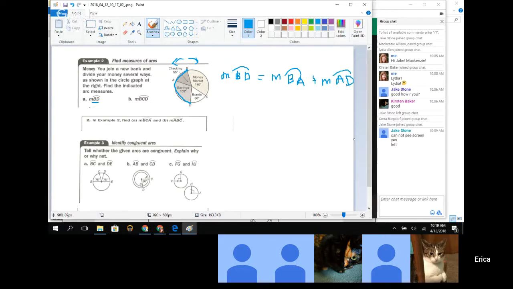So we're going to add those two arcs together to figure it out. So BA is 55 degrees, right? And DA is 105 degrees. So when we add them together, we get 160 degrees.